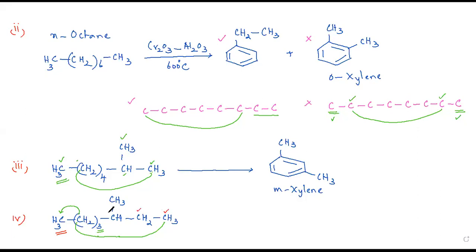This will be the third carbon, and this will be the fourth carbon to which a methyl group is attached. So, we got methyl groups at first and fourth carbon.